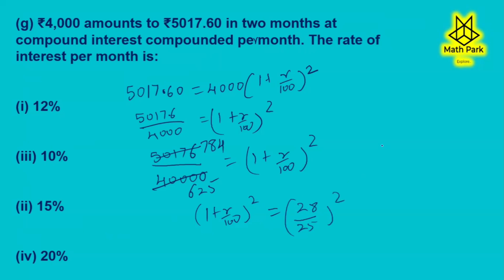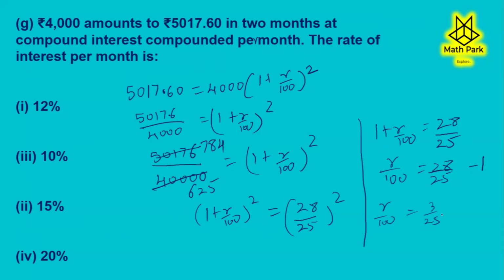Taking square root on both sides, we get 1 plus r upon 100 is equal to 28 upon 25. R upon 100 is equal to 28 upon 25 minus 1. LCM is 25. 28 minus 25 is going to be 3. So R upon 100 is equal to 3 upon 25.